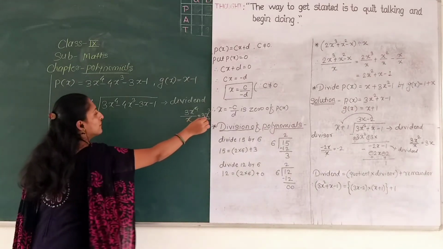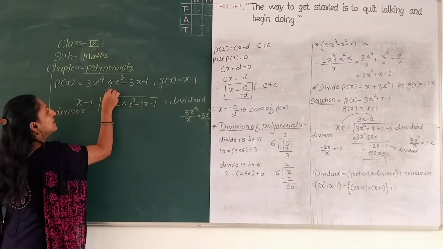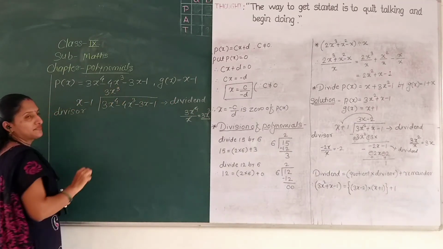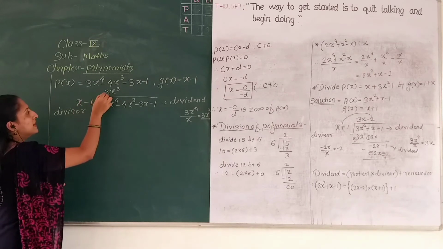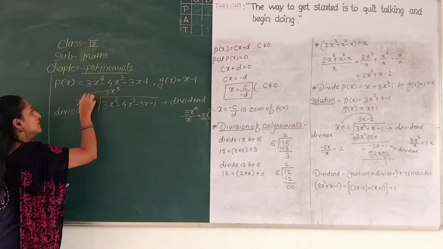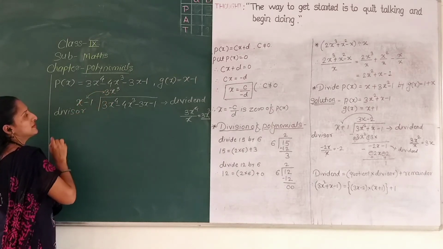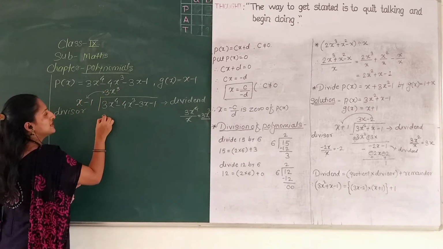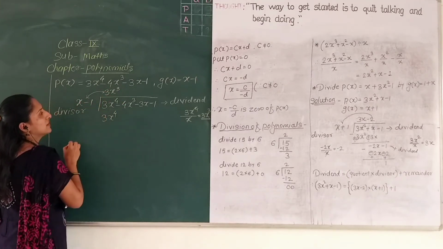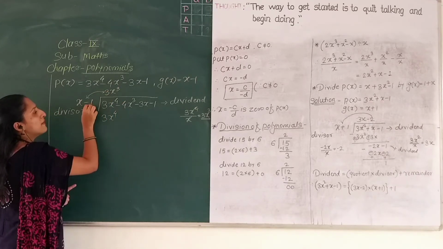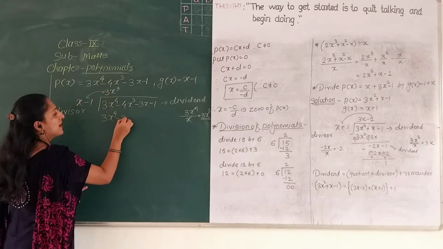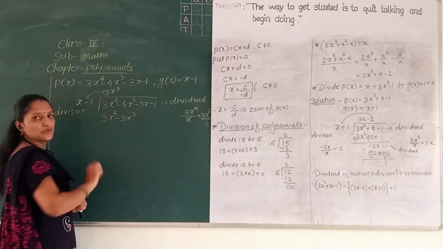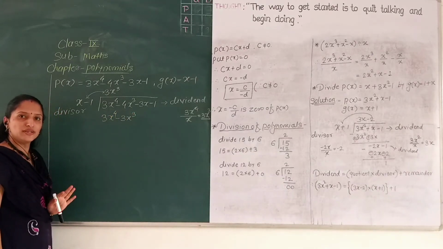Now multiply this quotient with the divisor. That means 3x raised to 3 into x is 3x raised to 4, and 3x cube into minus 1 is minus 3x cube. Up to this, do you understand?